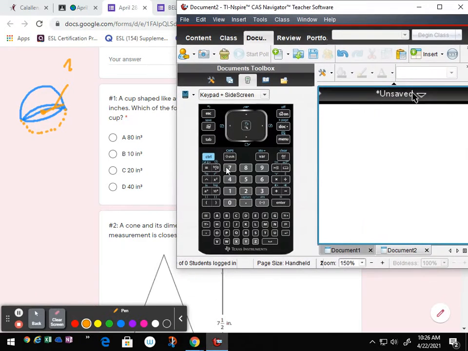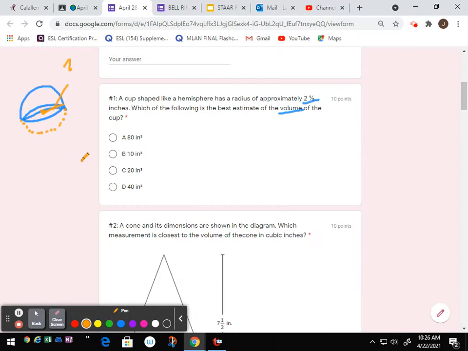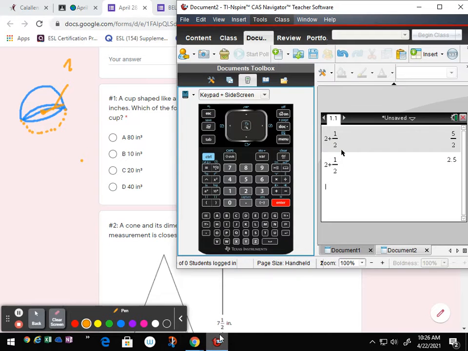Let's see what 2 1/8 is real quick as a decimal. 2 plus 1 divided by 2, enter. Oh, sorry, we have 2 1/8, my bad.